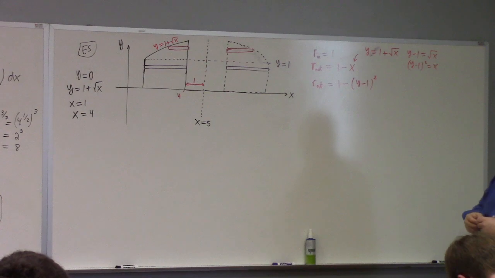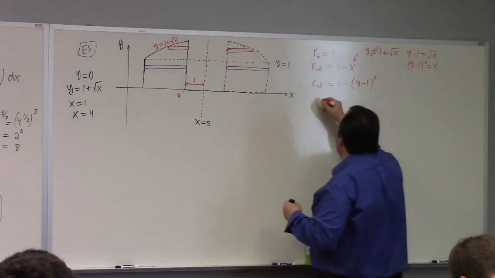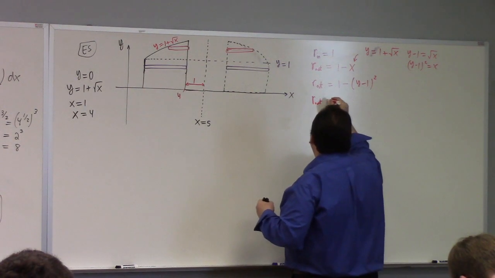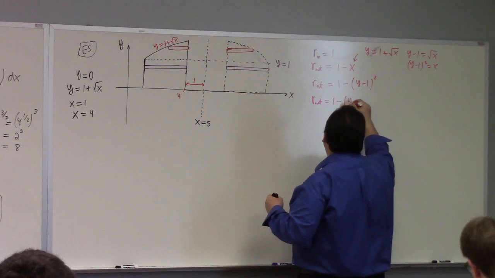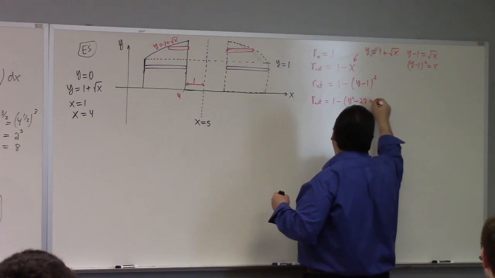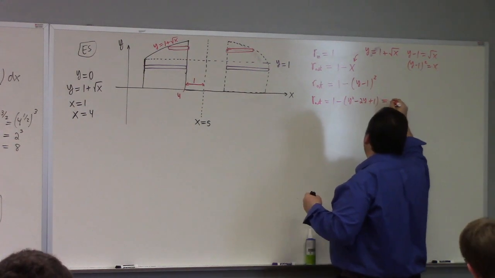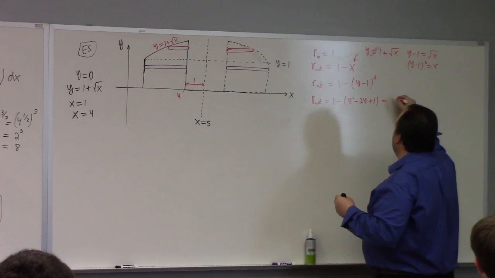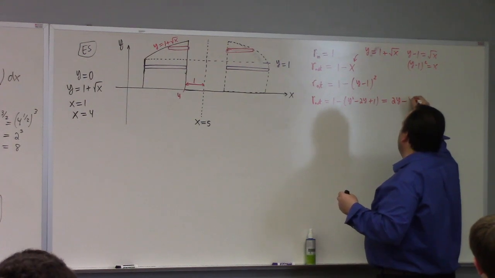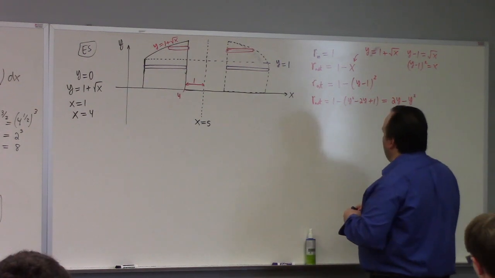All right, which I suppose we probably should go ahead and multiply out. Let's get it out of our system. So our R_out is 1 minus parentheses y squared minus 2y plus 1, which is otherwise known as 2y minus y squared. The 1's cancel. All right.